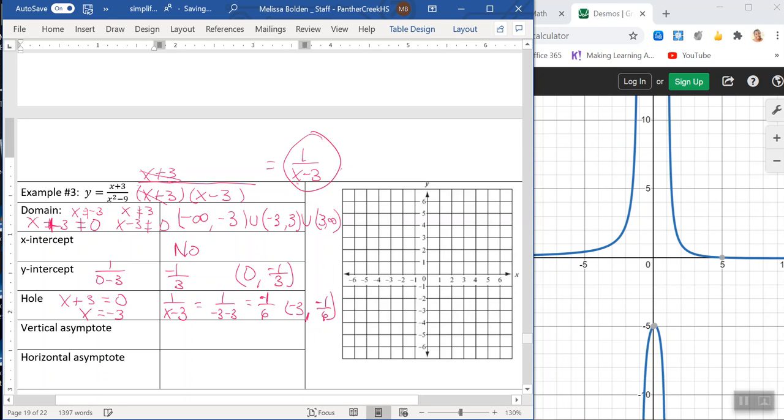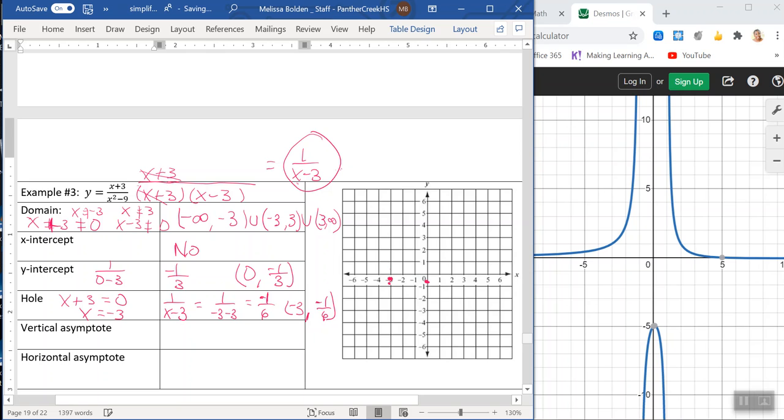Okay? So let's go back and graph our y-intercept. Our y-intercept is at -1/3, so it's somewhere in here. My hole is at -3 and -1/6, so we're going to estimate that it's somewhere in here. I'm going to say it's going to be above where I put the other point.